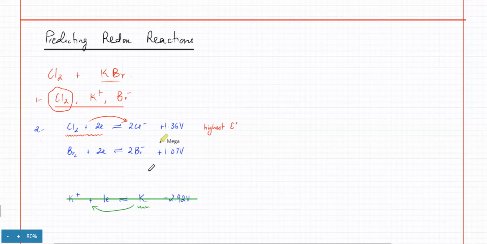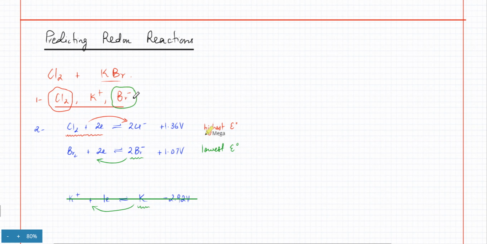Who's the lowest potential now? The lowest potential is the one with Br minus 1. It's the one that has the lowest potential, and that's the one that's going to lose electrons. And do we have Br minus 1 with us? If you look at the reactants, you do have Br minus 1.